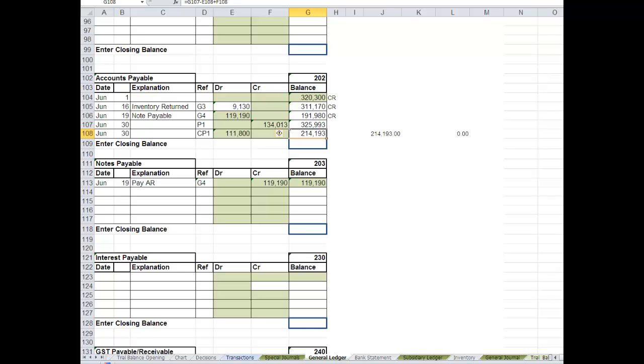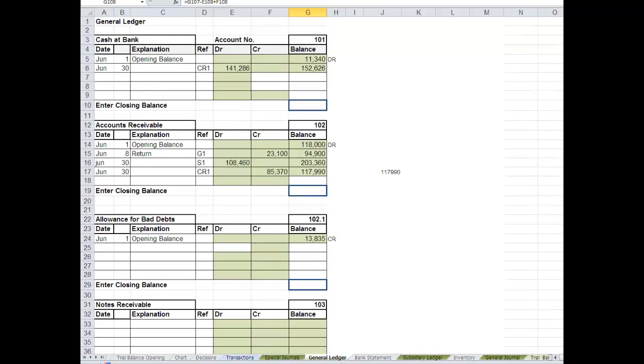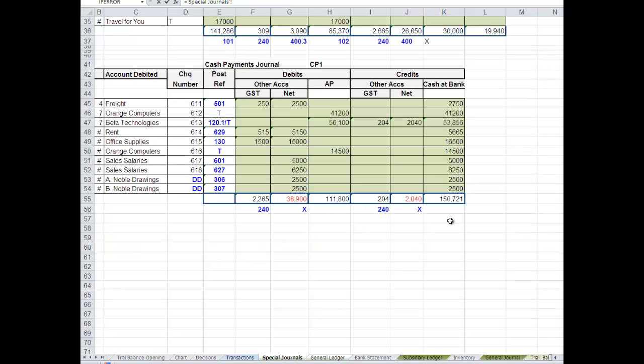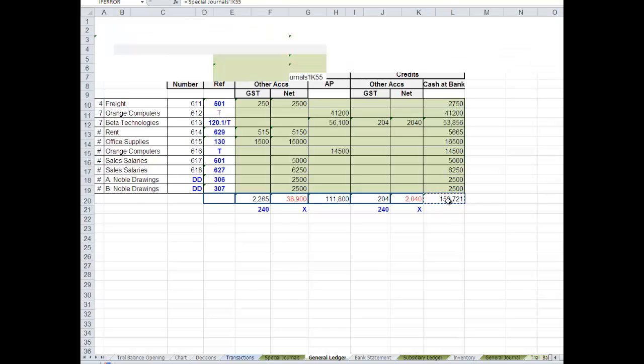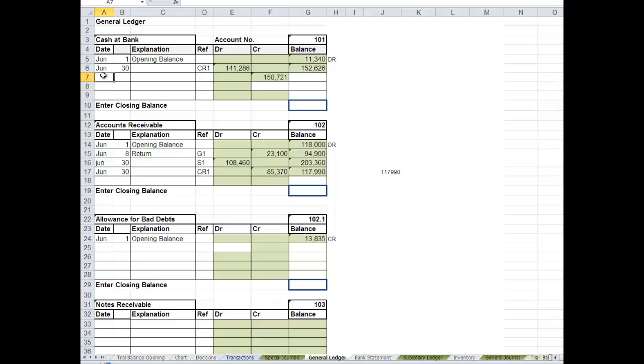Now we'll do cash at bank. So cash at bank has gone down. Cash at bank, special journals, 150,000. June 30, CP1.